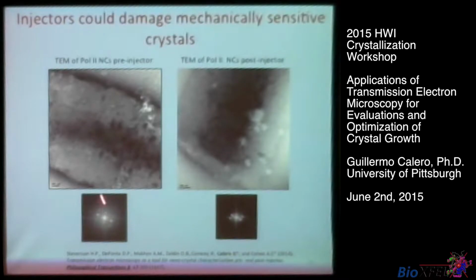You can see slightly better FFTs here, the lattice is a little better. After injection, the crystals were in worse shape, and the FFTs are also worse. Again, this is a very high solvent content protein crystal, and these were one of the first injectors. But for us, that was a problem.